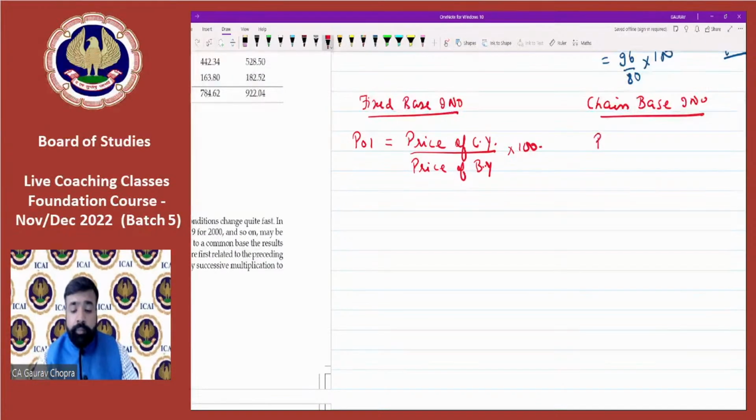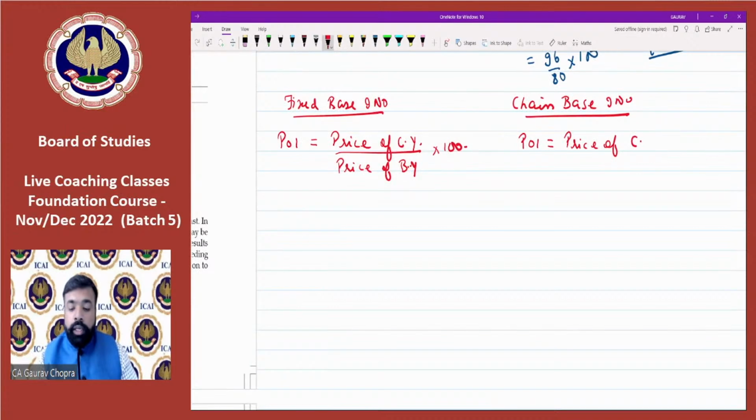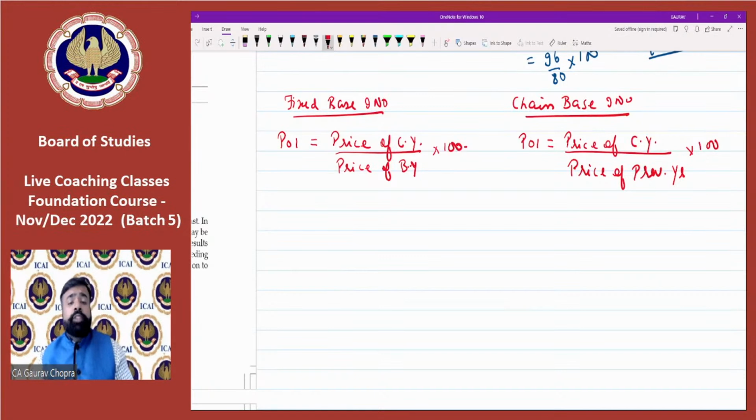Whereas in chain base, the price index is calculated as price of the current year divided by price of the previous year, multiplied by 100. Fixed base is what we have done till now, that is current year upon base year multiplied by 100. But in chain base index number, it is price of current year divided by price of previous year.